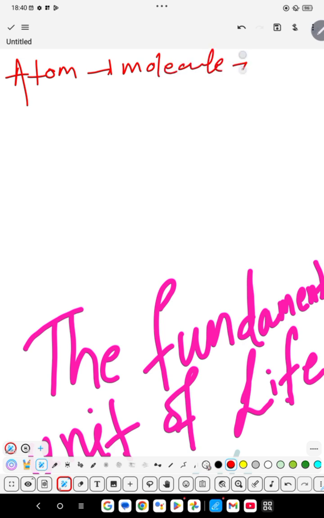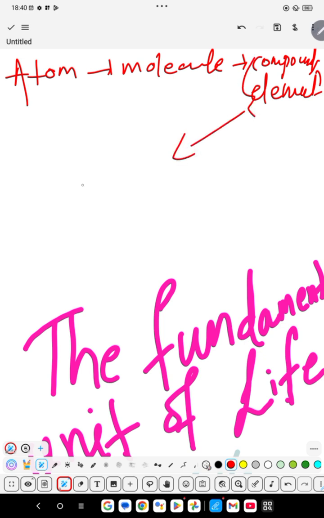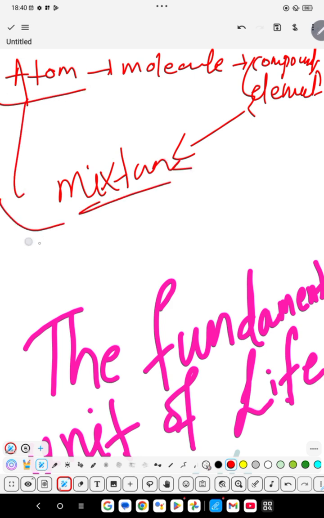And from molecules we get compounds or elements. Remember, if we mix compounds or elements, we will get a mixture, right? Then their type, solution. These are the fundamentals that come from non-living things.